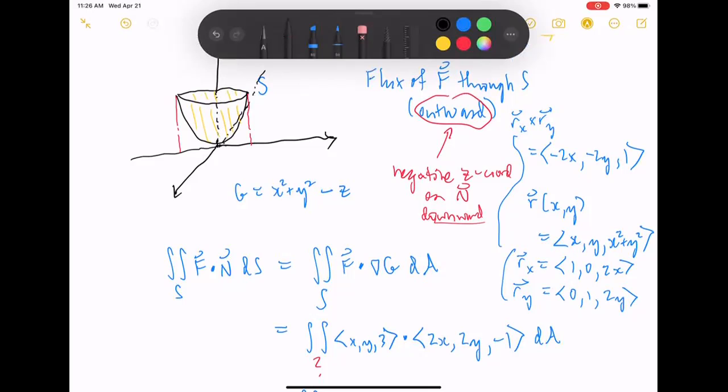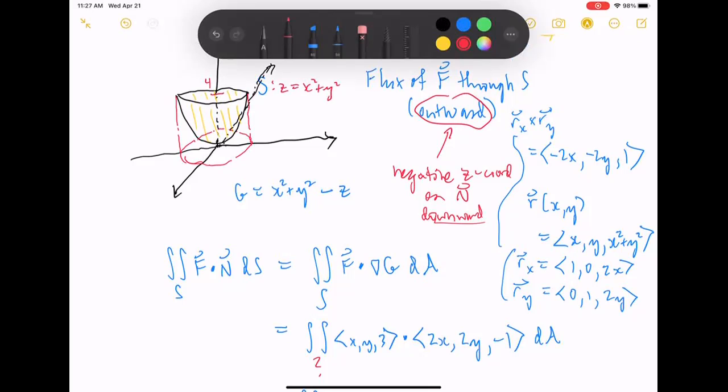Okay, so let's do that, right? So it's got to be something like this. Now, what is that circle? Well, this intersection, right where we cut this thing off, was at height 4, yes? And of course, this surface was given by z equal to x squared plus y squared, correct?